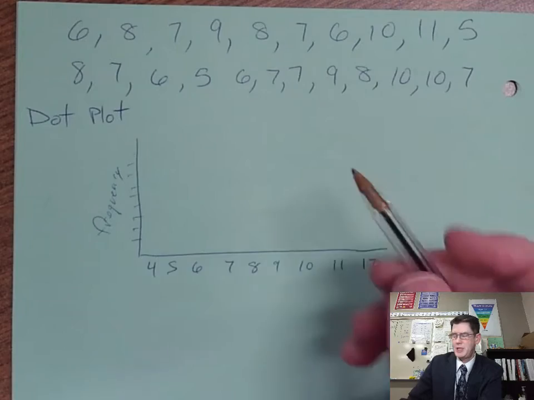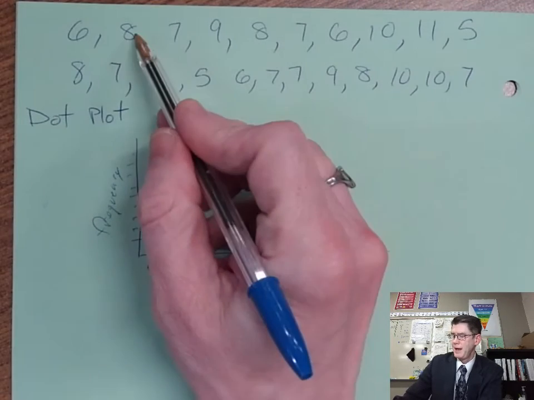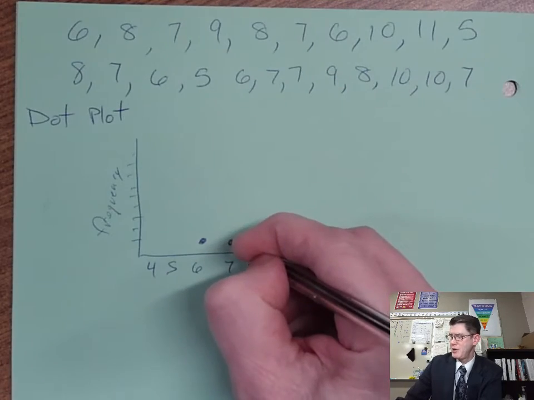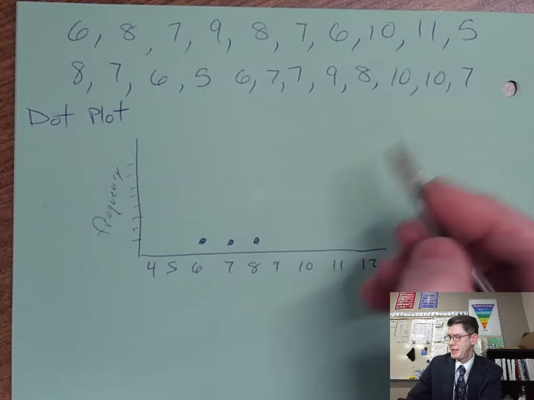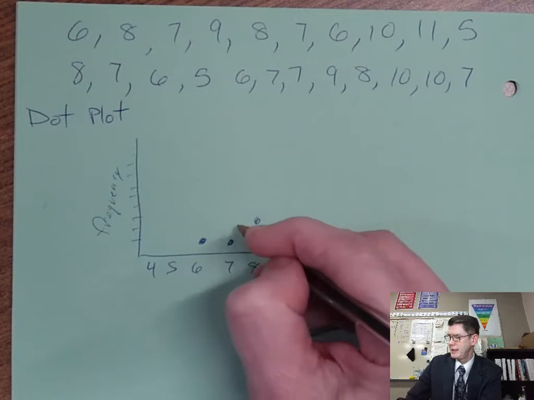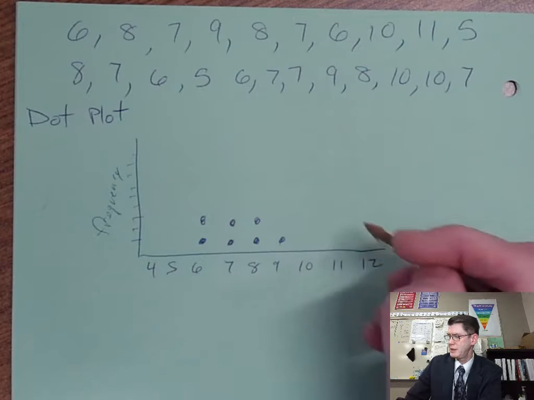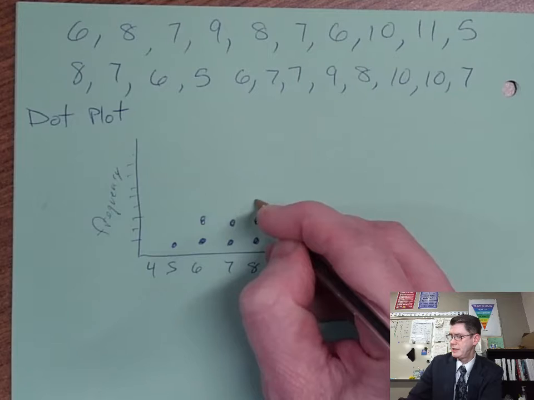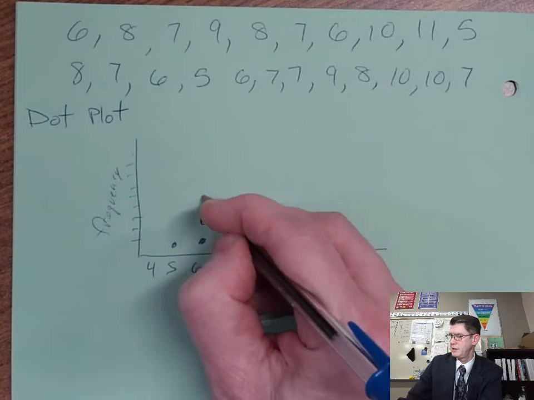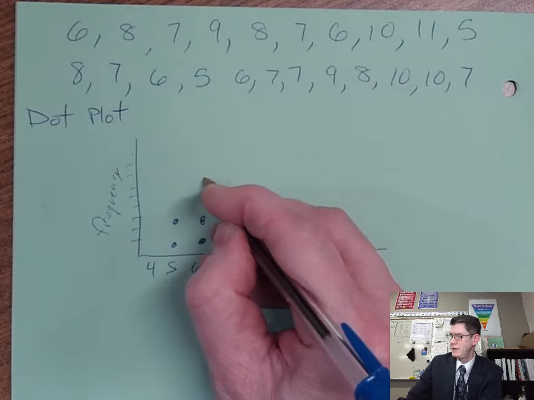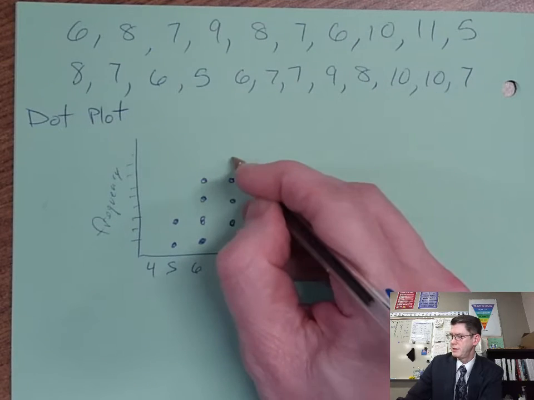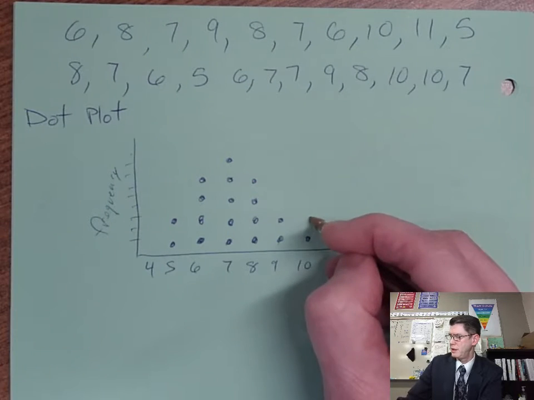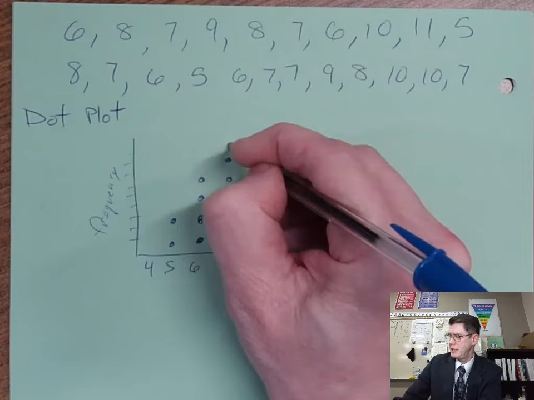A dot for 6, a dot for 8, a dot for 7, 9, 8, 7, 6, 10, 11, 5, 8, 7, 6, 5, 6, 7, 7, 10 and 7.